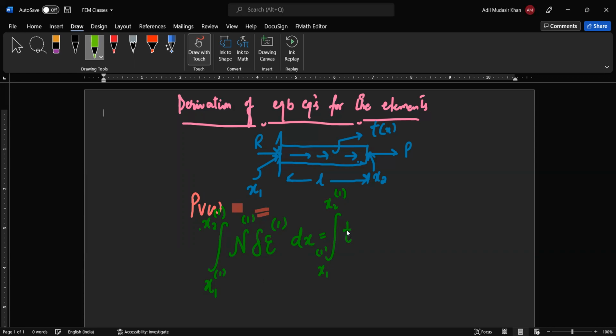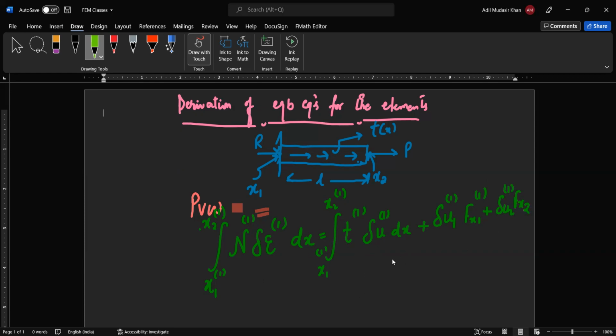Traction is T for element 1, multiplied by the virtual displacement du, plus del u1 fx at node 1, that is fx1 for element 1, plus delta u2 fx2.